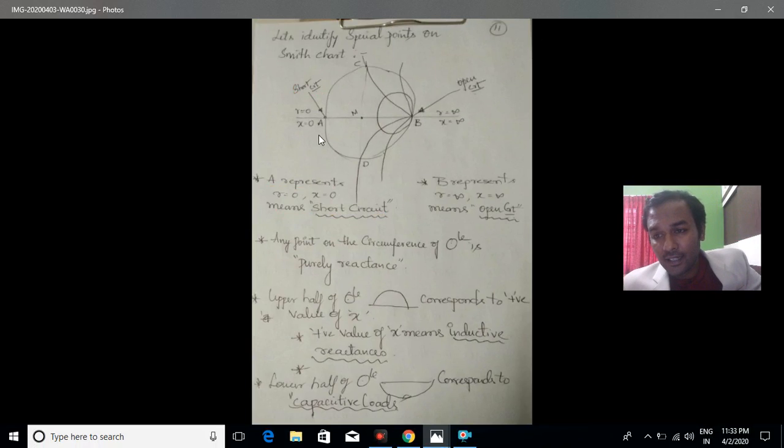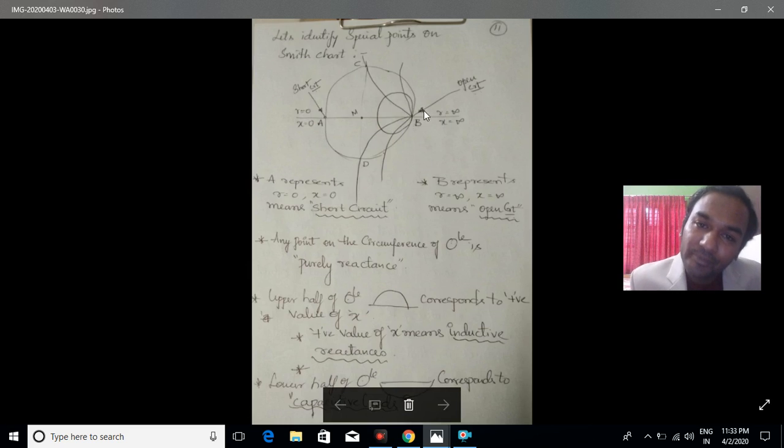Cannot say that it is having certain power or voltage flowing inside the circuit, right? So in the same way, take one more point, point B here, where R equals infinity and X equals infinity. B represents R equal to infinity and X equal to infinity, which means it's an open circuit.